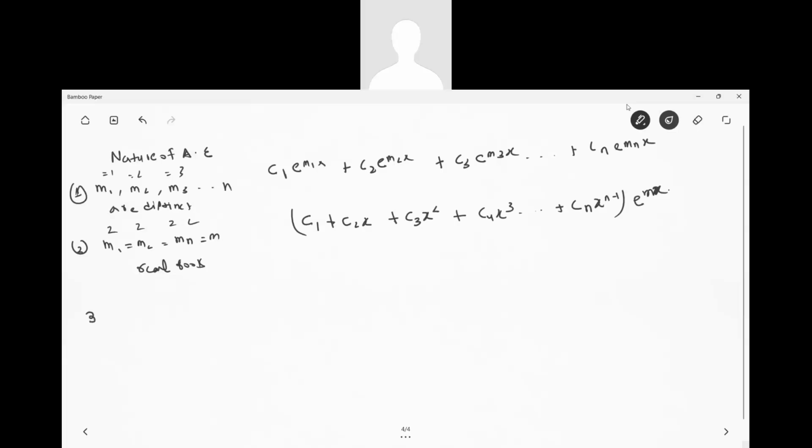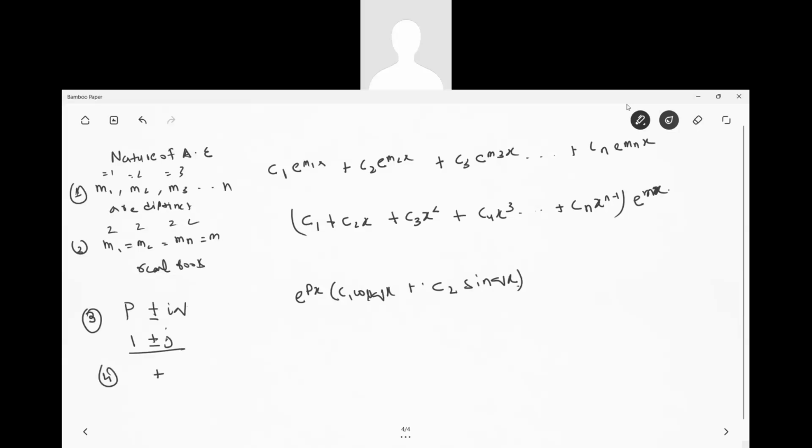Now the third case will arise. In the third case, you have real plus minus iq also. Suppose you get a root like 1 plus minus j. In this case, you have to write e to the power px (c1 cos qx plus c2 sin qx).